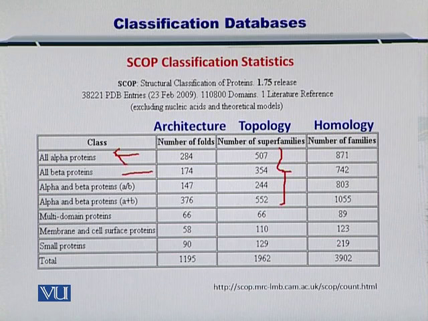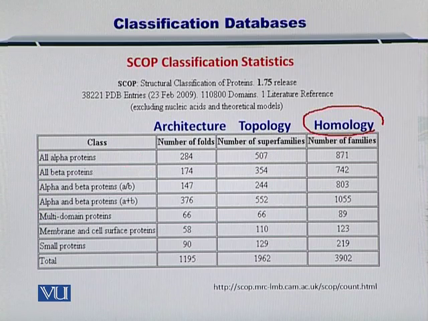So clearly, for these four domains, you actually have lots of proteins, while these membrane proteins are few in number. Similarly, for the number of families or the proteins that are homologous, you can see that about 1055 structures are homologous, or that they belong to the different families, and you have alpha plus beta for this.